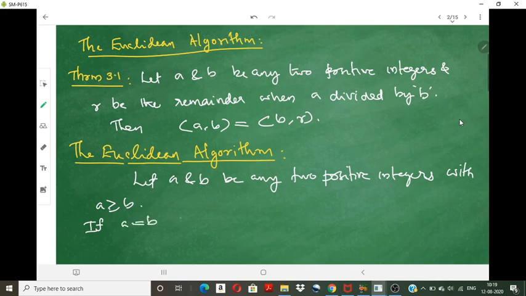If a equals b, then the GCD of a comma b is a itself, and there is nothing to prove. So assume a is strictly greater than b, and we have to formulate the algorithm.